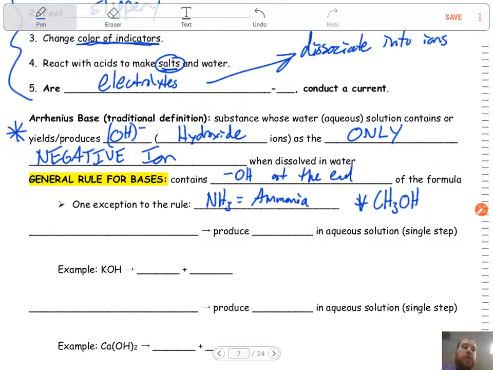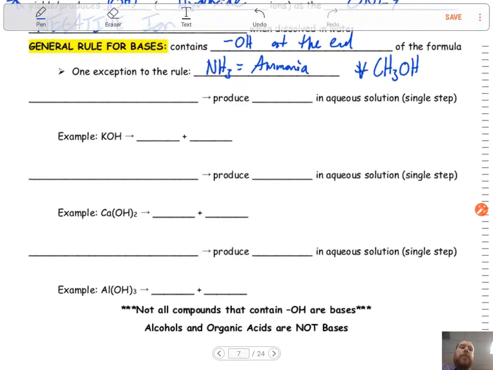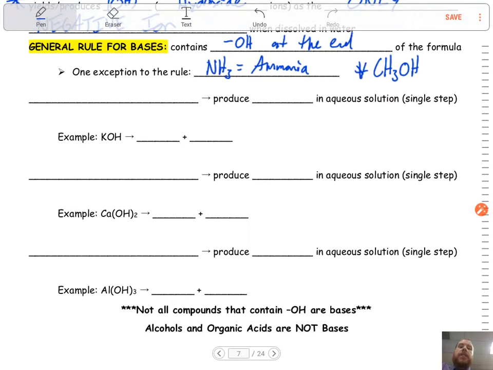Those are the ones you want to be on the lookout for. Okay, so organic pieces that are just all covalent, they're typically not going to be. There might be a couple of examples, but try to keep it simple. Okay, general rule for bases, they end in OH. But we'll talk more about those specifics later on. And as we come across different Regents questions, we'll address those more directly in class.